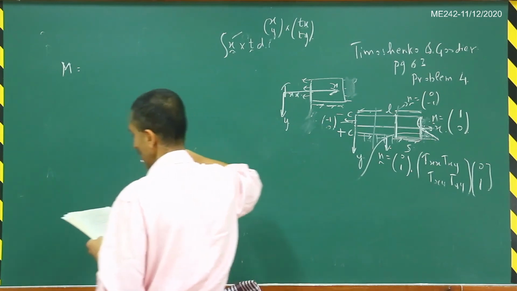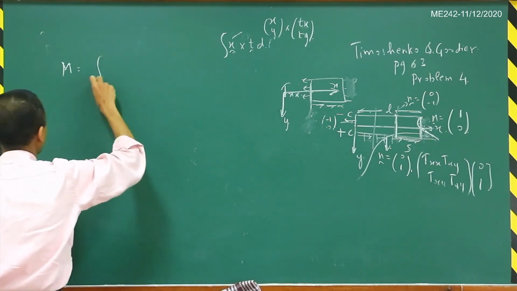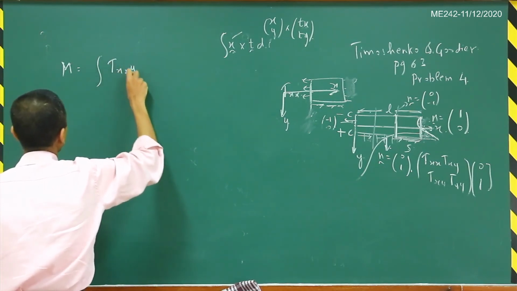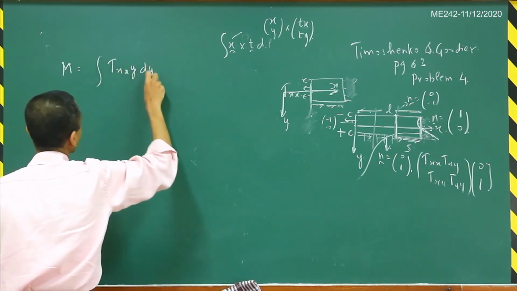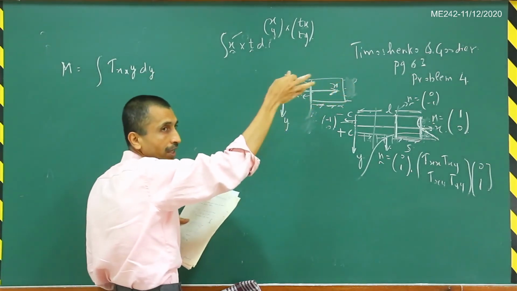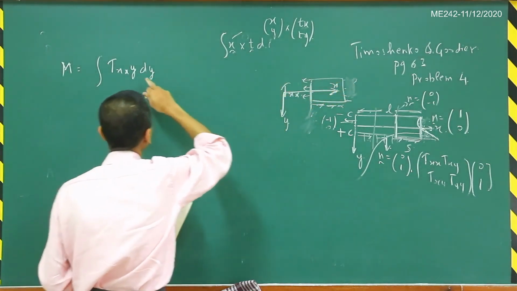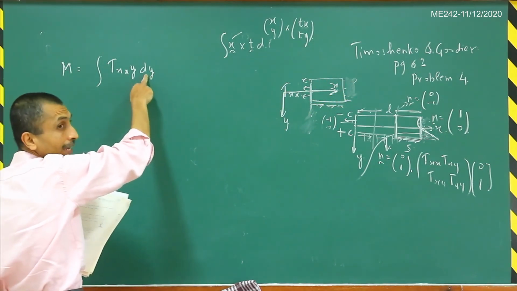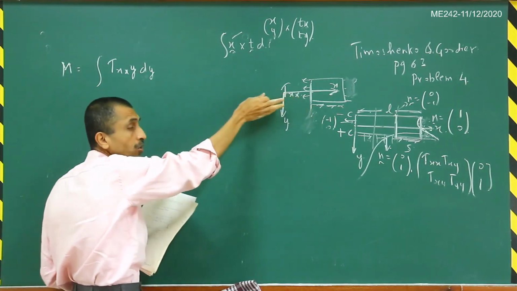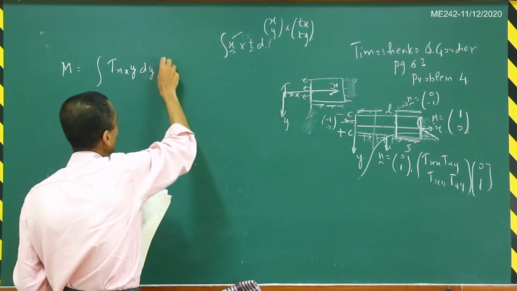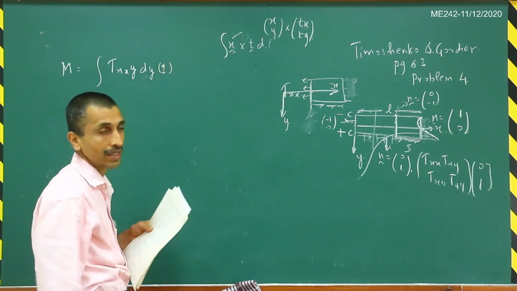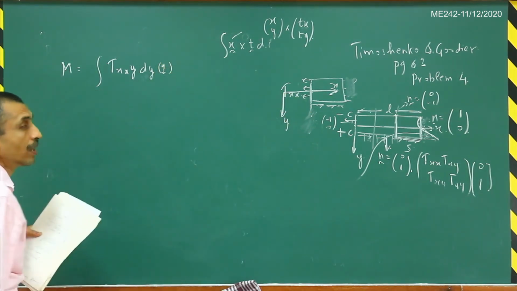Okay, so this will be equal to tau xx times y times dy. So let us assume that the thickness into the board is unity. Actually here you should have an area element, but because I am assuming the thickness into the board is unity, that is just multiplied by 1. So this 1 represents the thickness into the board.